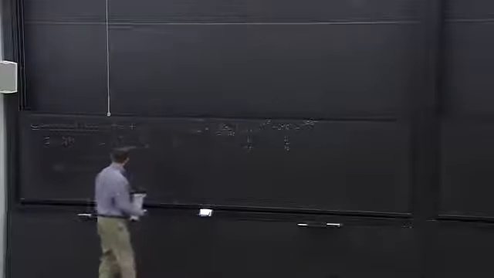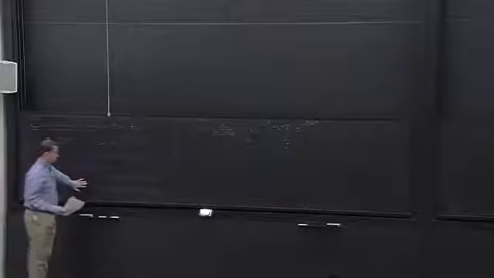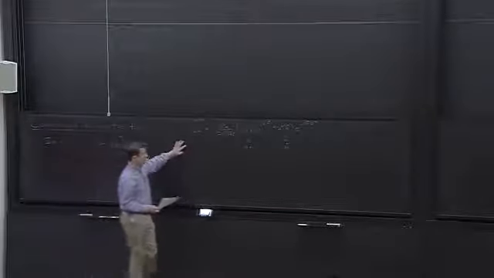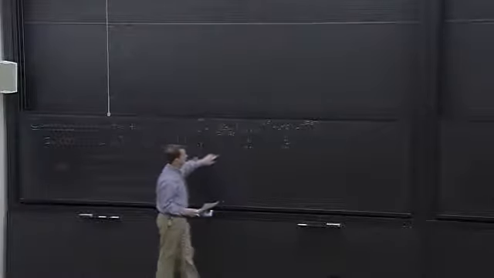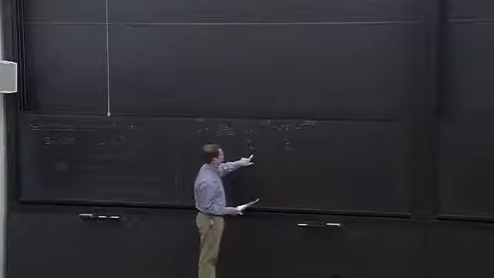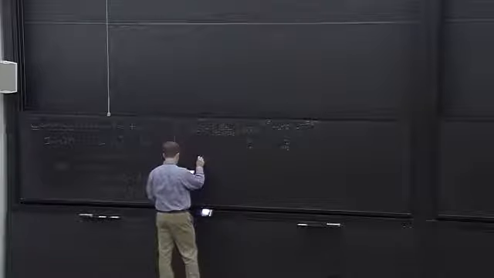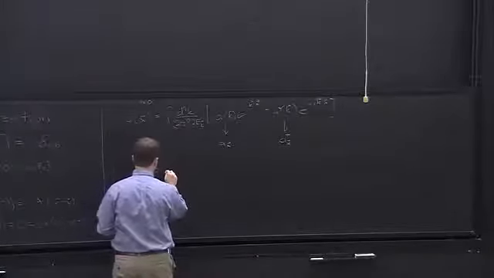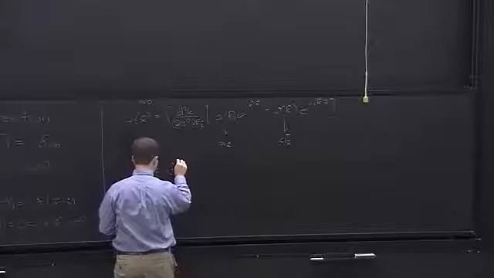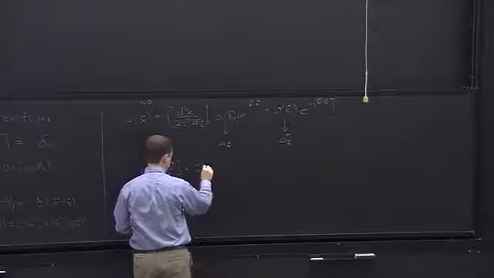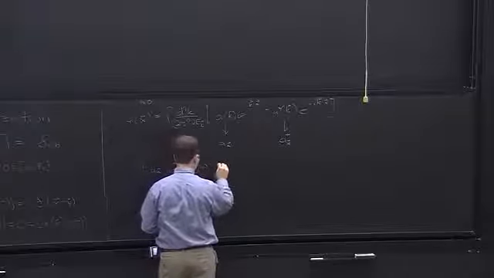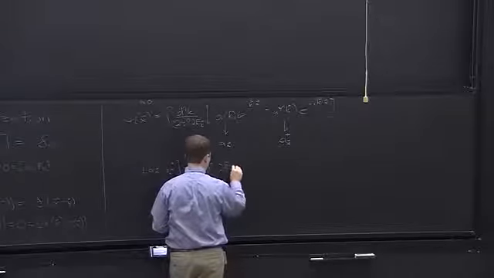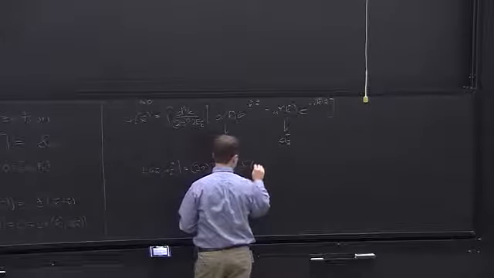OK, so these commutation relations imply a set of commutation relations for the creation and annihilation operators. And the results are that the commutator of a_k with a_p dagger is (2 pi)^3 2 E_k delta(k minus p).